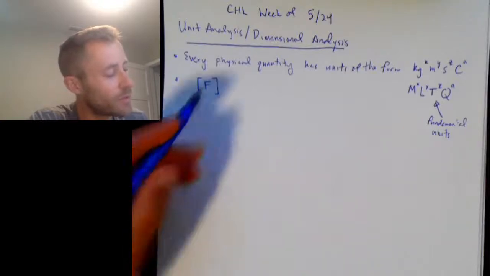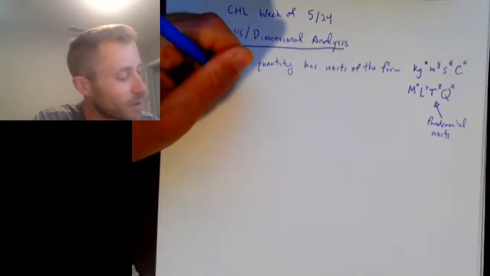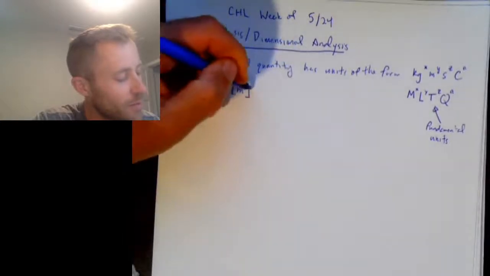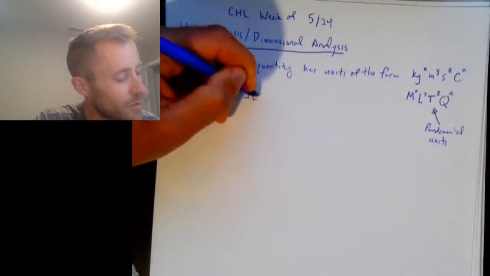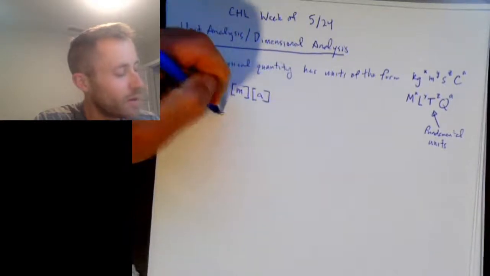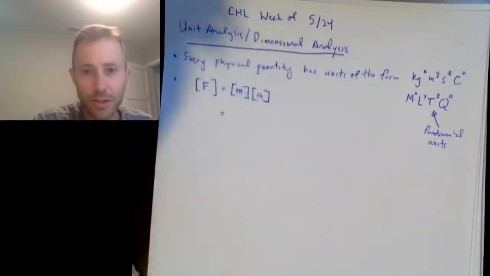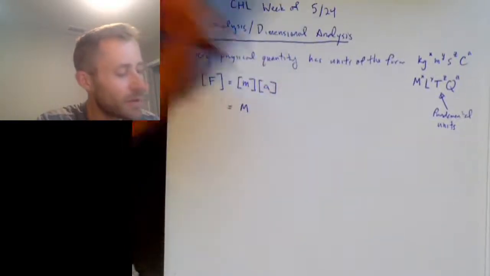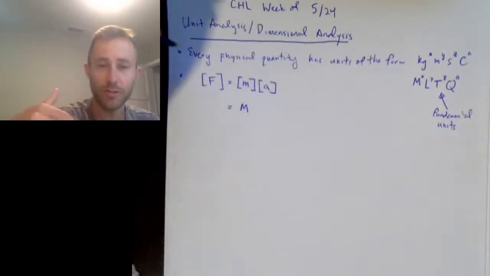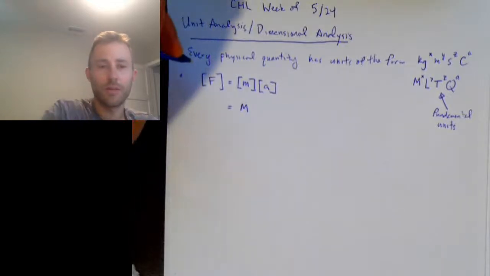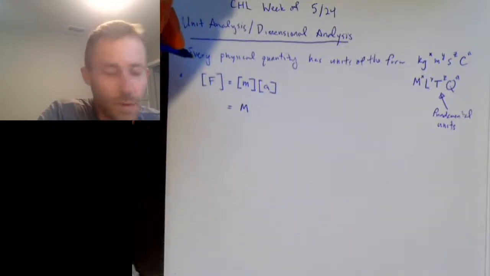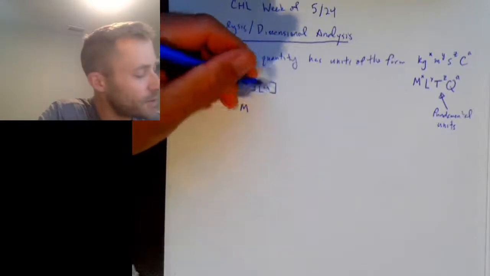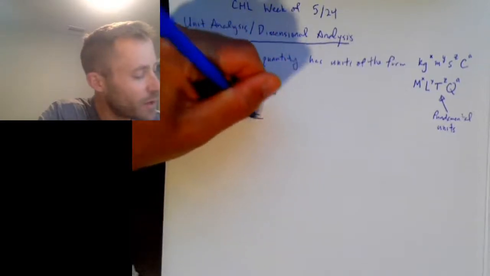So that means that the units of force are going to be equal to the units of mass times the units of acceleration. Now, mass is measured in a unit of mass, and then acceleration is meters per second squared, right? So acceleration is a length per time squared.